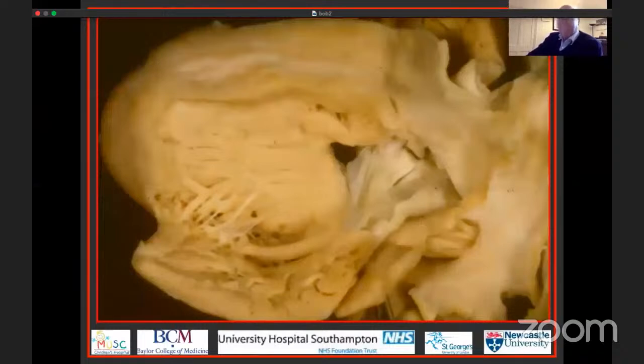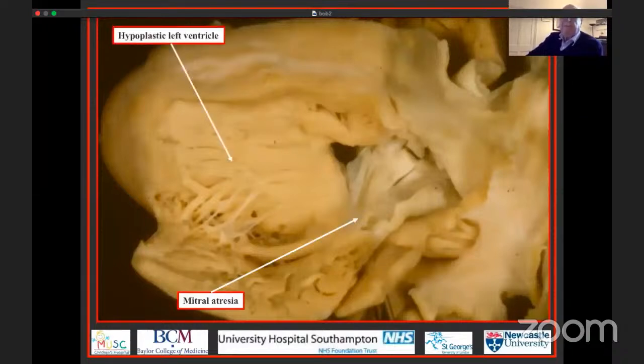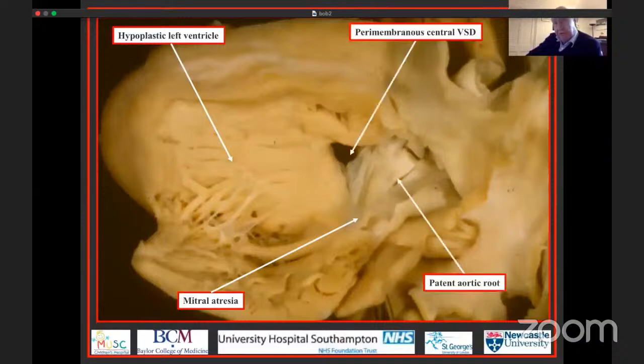And here's another one, again from the Pittsburgh archive. Mitral atresia due to an imperforate valve. The left ventricle is hypoplastic, not quite as hypoplastic as the first one I showed you, but still delimited by the coronary arteries. Quite a large aortic root this time, and a perimembranous central ventricular septal defect.